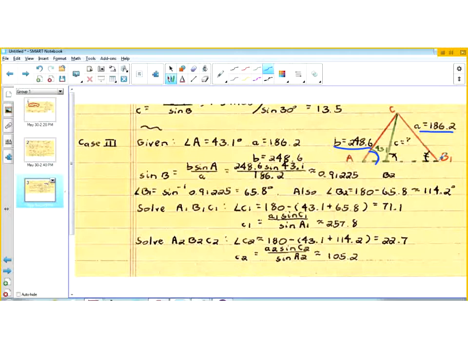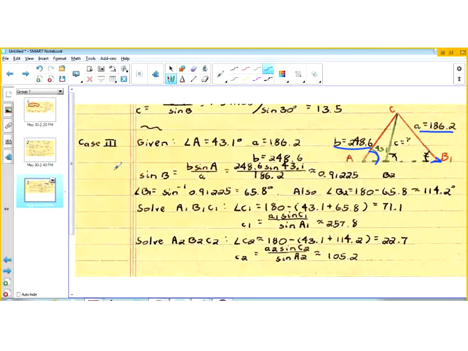Assuming that B1 is angle B, the sine of angle B would be B times the sine of angle A divided by A. Plugging in the numbers, using our calculator in degree mode, we get that the sine of B is 0.91225.